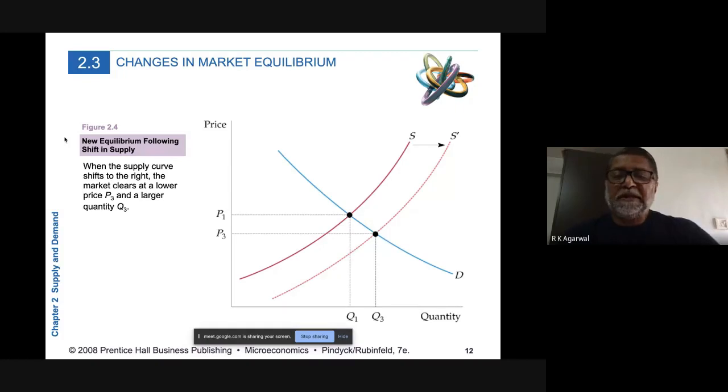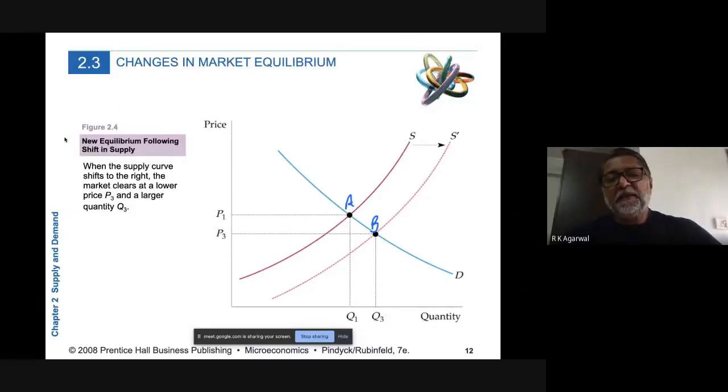Now, notice the change in the equilibrium. Earlier, the equilibrium was at point A. But now, the equilibrium is at point B. So how have things changed from A to B?